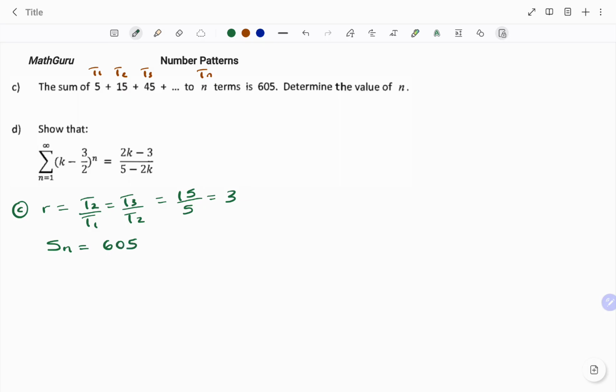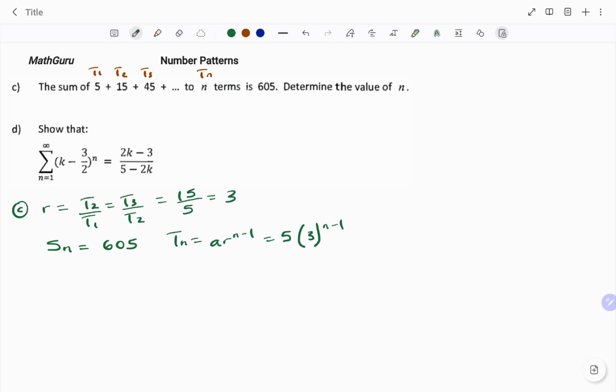And we know that my Tn for this geometric pattern equals ar^(n-1), which is equal to the first term, a, that's 5, and then my r is 3, so I have 3 to the power of n minus 1.